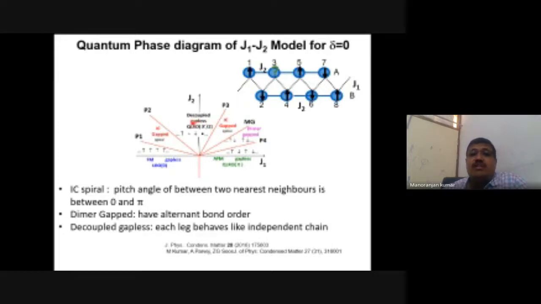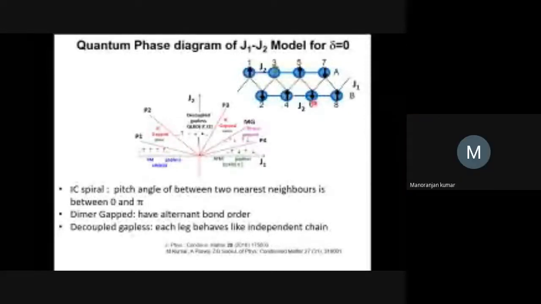But if you go in this quadrant, this is where the ferromagnet is, and there's a big region where, if this becomes very weak, the system will behave as two spin chains kept independently.